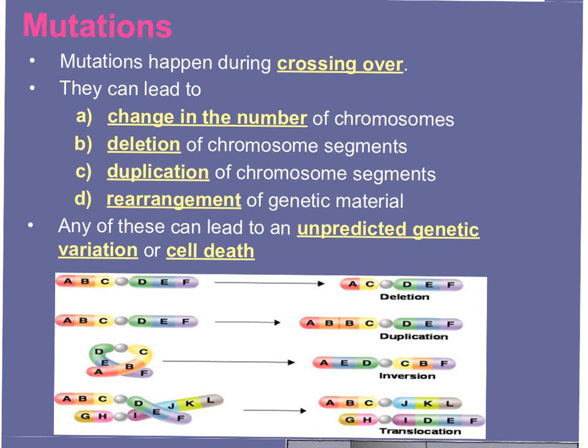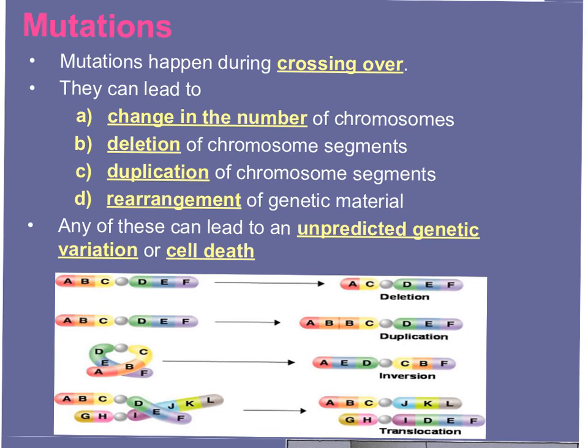But basically, there are different types of mutations, and sometimes it results in adding a part of a chromosome, sometimes it results in deleting a part of a chromosome. Sometimes a rearrangement of the chromosome, so it's inverted in some way. There's lots of different things that can happen.